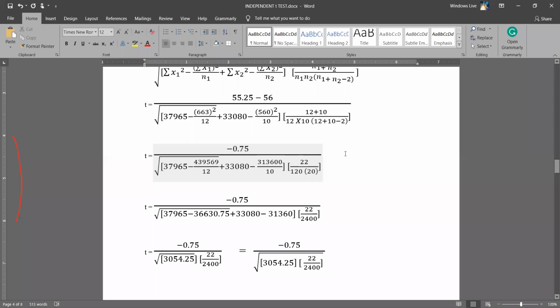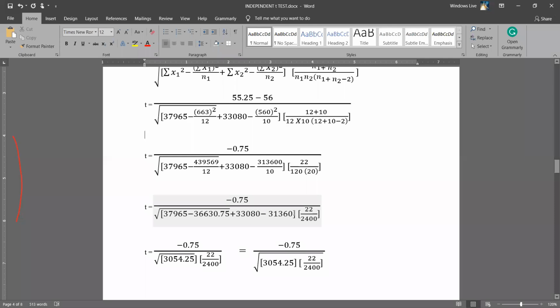So take out the fraction first. It means divide 43956 by 12, and it will be 3663.75. Then you do the same thing for this side. 313,600 divided by 10, you will get a value of 31360.